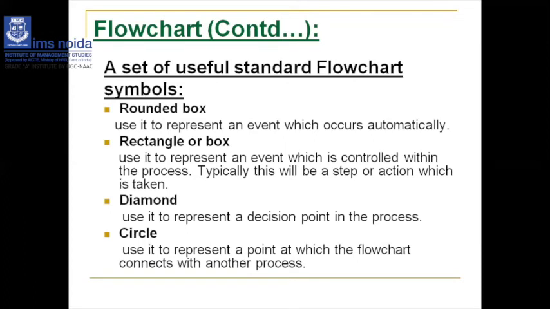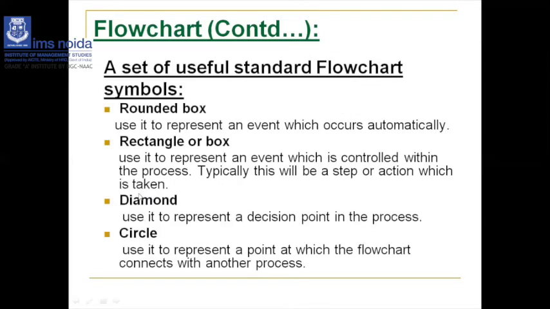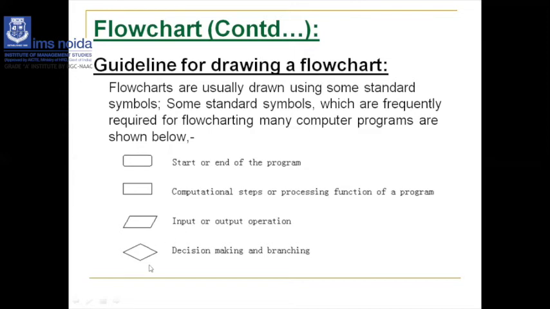If you go through the round box, use it to represent an event which occurs automatically. So the round shape is for start and end, it means the next occurrence. For continuation, when you have a flowchart and the page is full, you can automatically continue with the help of the round box. The rectangle box we use normally whenever we have to perform a process for computation, this diagonal one is for input and output, and this is for decision making.